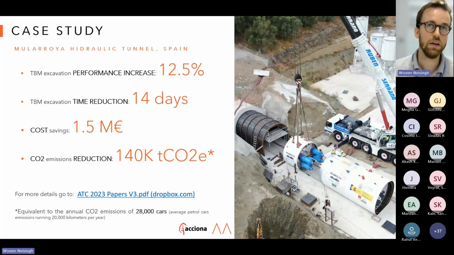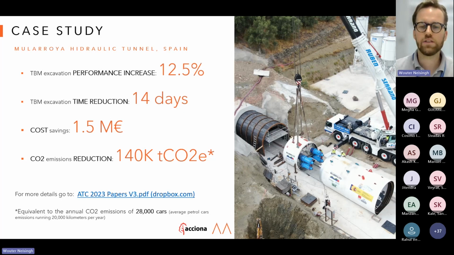That is significant, because that means that the time reduction, so the actual operating part, would have been shortened by 14 days. At the bottom line, that has a specific cost-saving effect of 1.5 million euros in this case, for the reduced period of the operation of the TBM machine, but also the subsequent equipment needed.